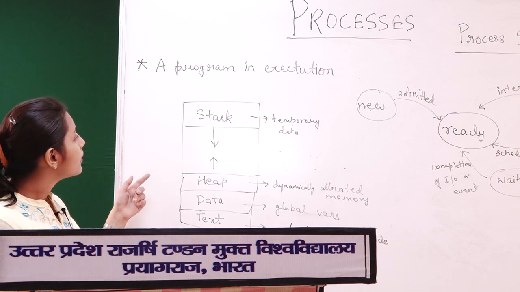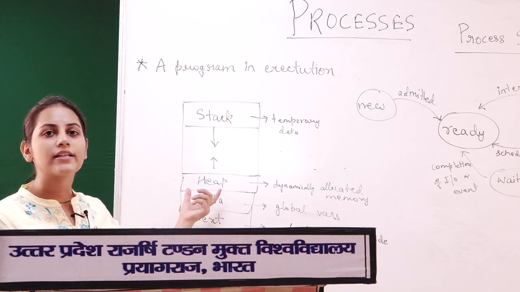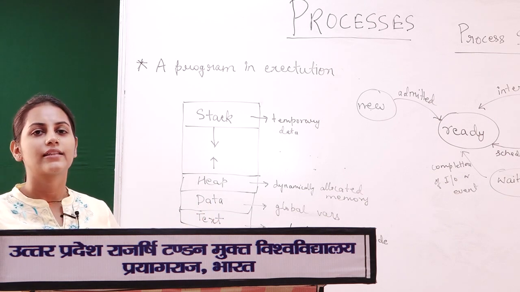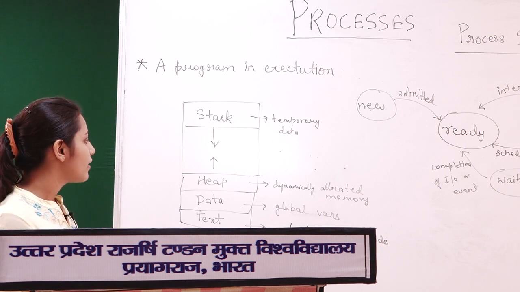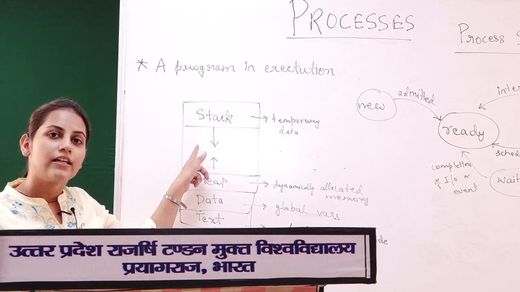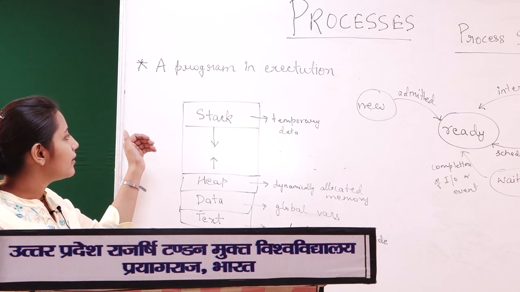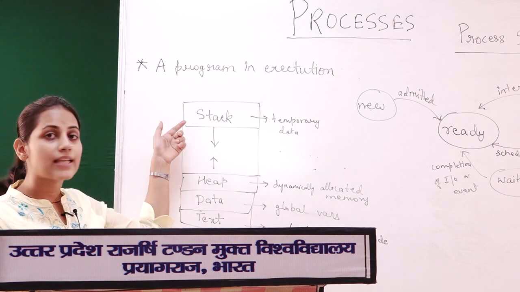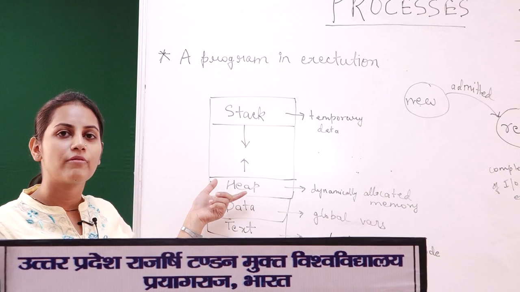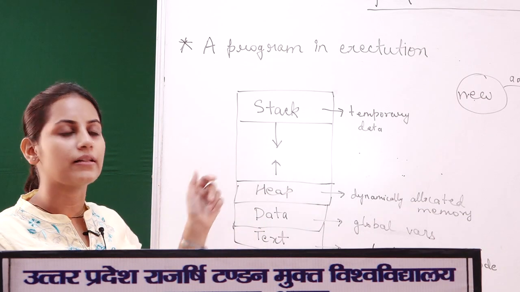This stack data structure is used for storing temporary data related to a process. Similarly, the process is also associated with heap, which is the dynamically allocated memory to the process. Every process needs memory to store variables that are associated with the process. This heap and stack data structures can expand according to the need of the process. So, if there is a need of storing more data, the size of stack can expand, and similarly, the amount of memory allocated to the process during execution varies, and therefore, you can see the arrow here.